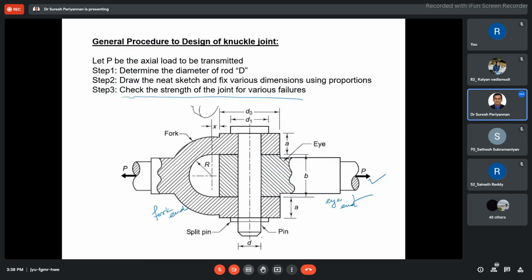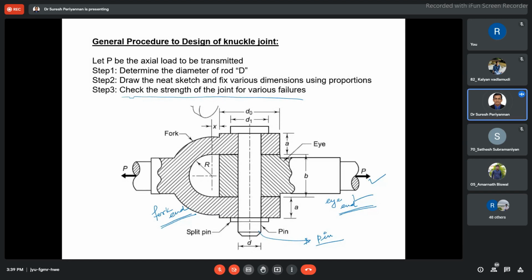For pin lower, for forks higher. Any reason, please? Sir, we have keyways and eyes in the components, so we should take a higher factor of safety for that.